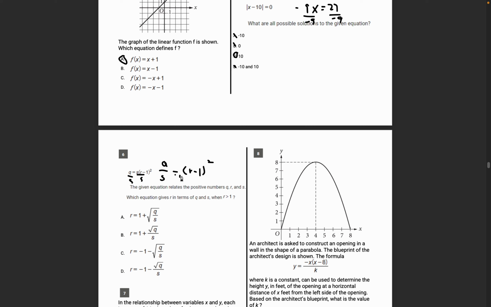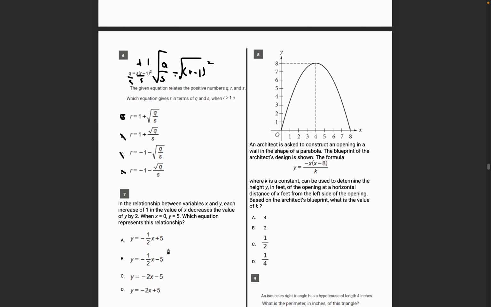Take the square root. So the square root of q over s equals r minus 1. And then add 1. So r equals 1 plus the square root of q over s. Yeah, I think that's correct. You don't put the square root over just one term, you put the square root over the whole fraction.